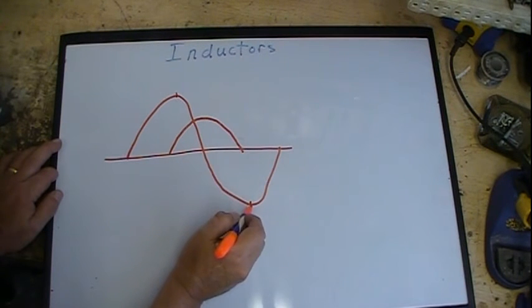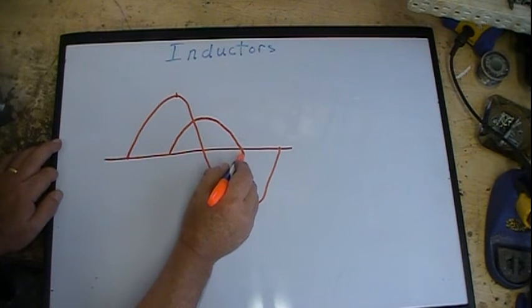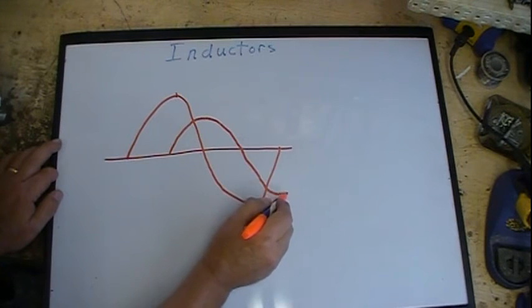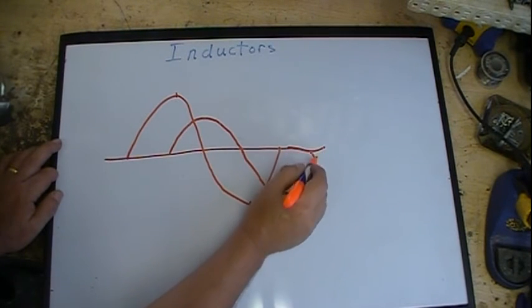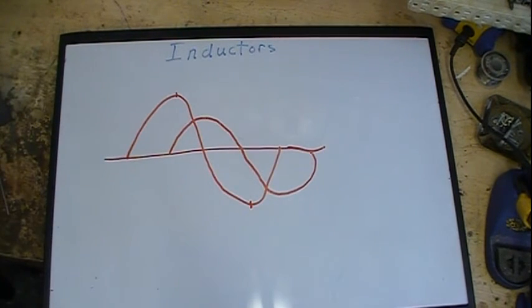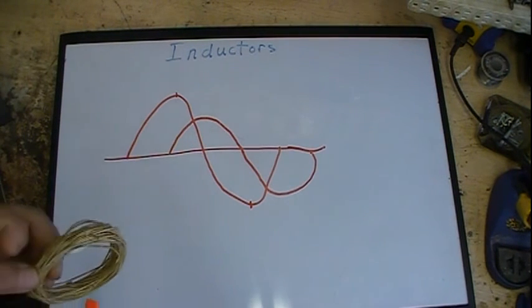It should cross at 90 degrees and come back down. It will be less than the voltage because of the inductive reactance.